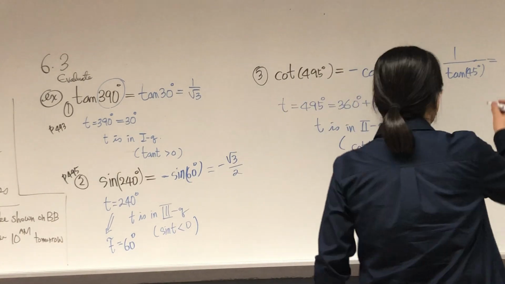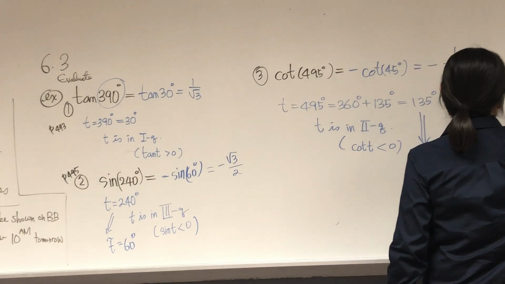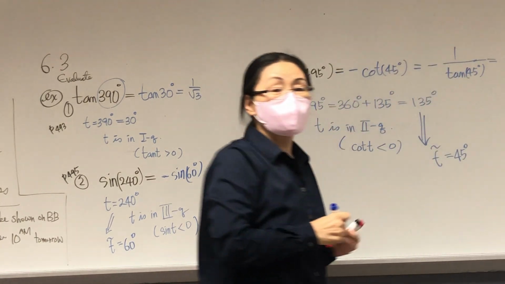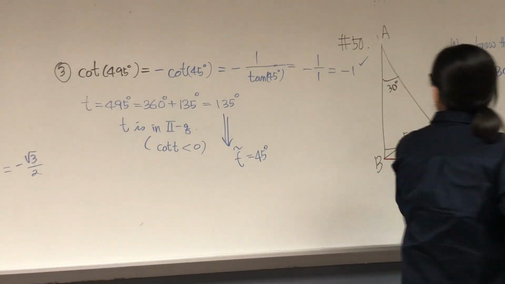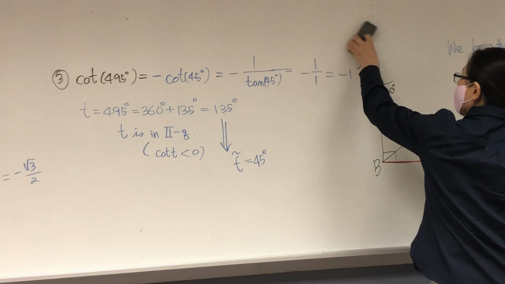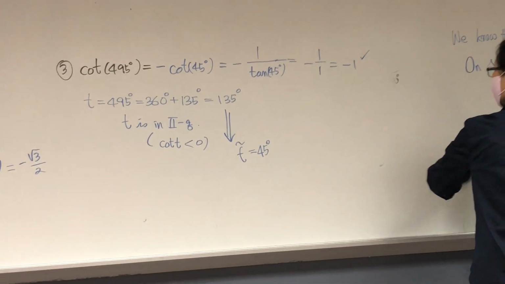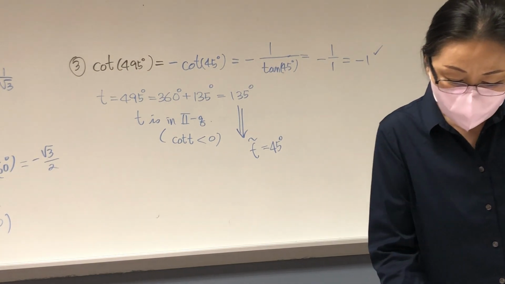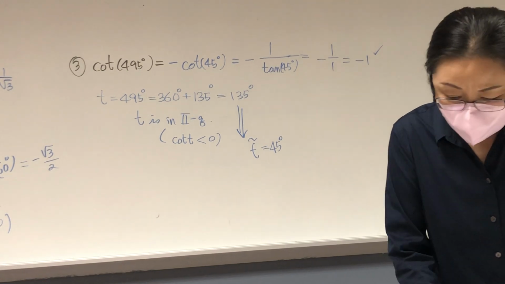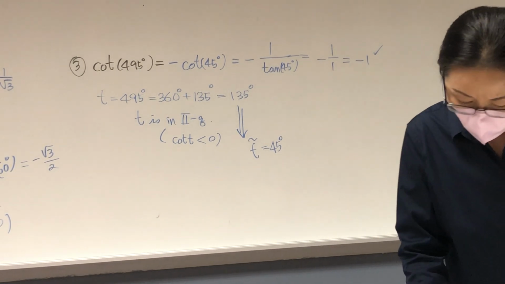Good. So it is negative 1 over 1, which is negative 1. It's good? Very good. This one is on page 495.